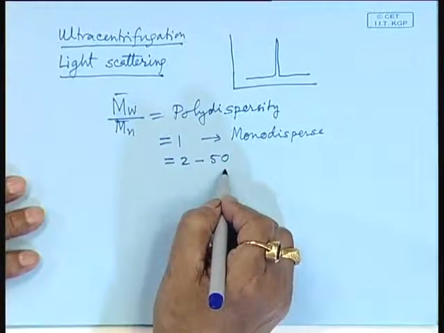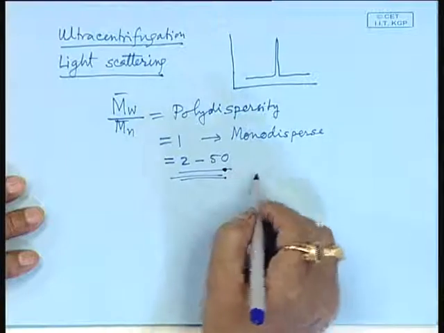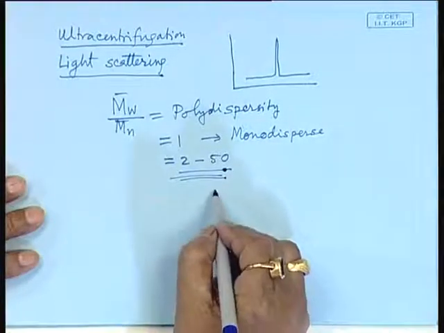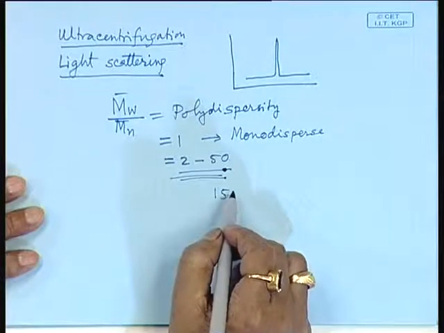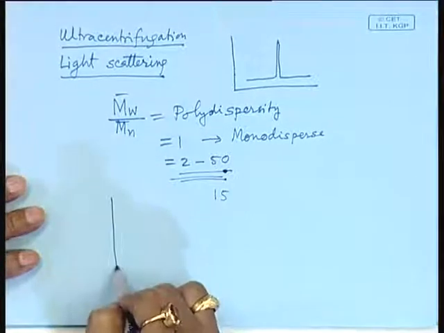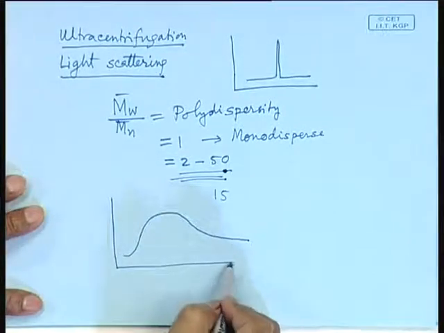The higher the polydispersity, the more inferior the properties of the polymer can be. Suppose you have a polymer sample of polydispersity 15; it indicates the broadness of the distribution, like this.